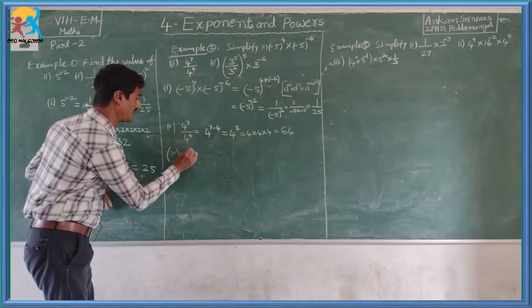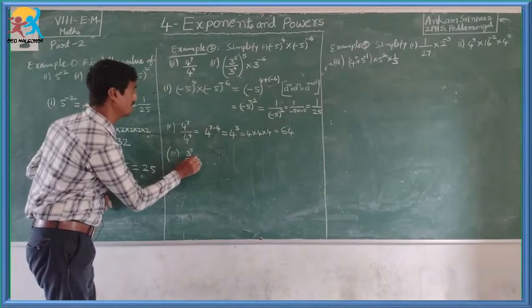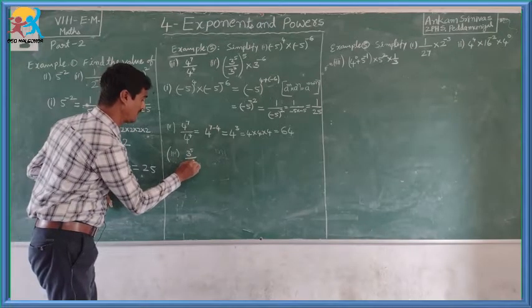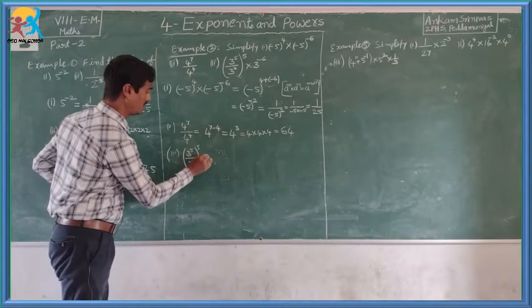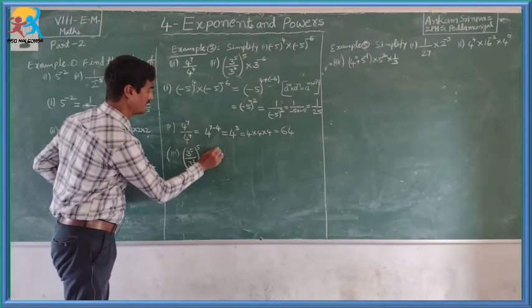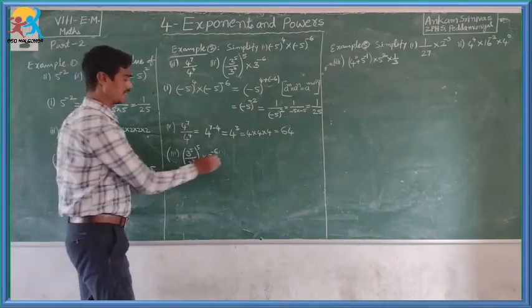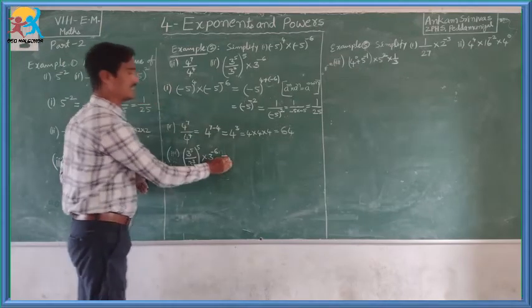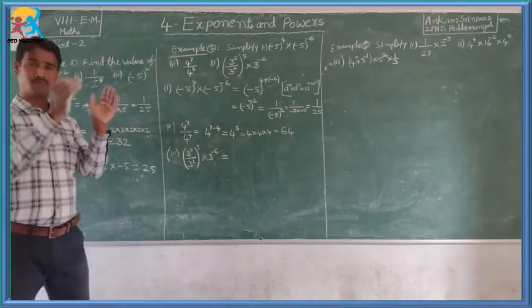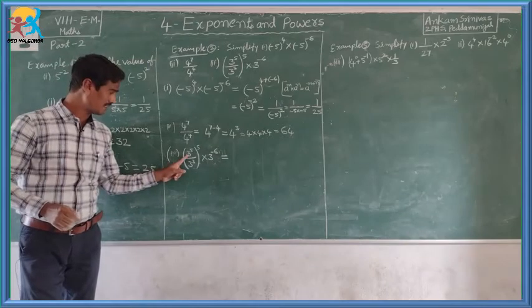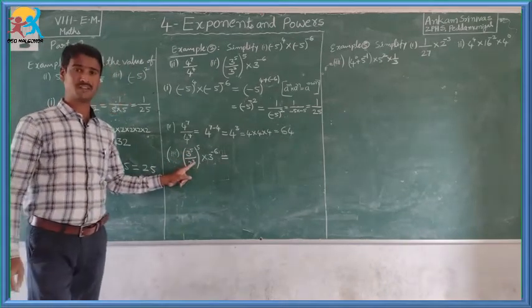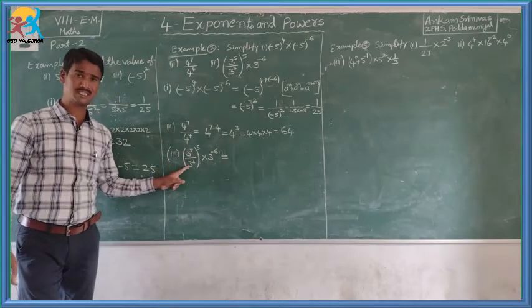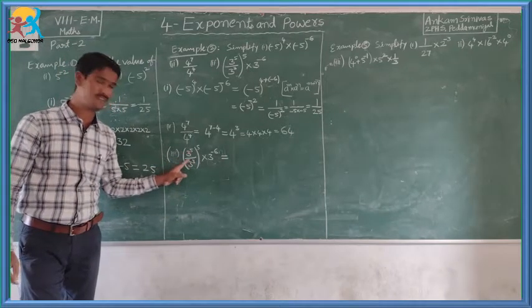3 power 5 by 3 power 3, whole power 5, into 3 power minus 6. So my dear children, do the simplification in the bracket first. In the bracket, 3 power 5 by 3 power 3 with the same bases, we want to do division.